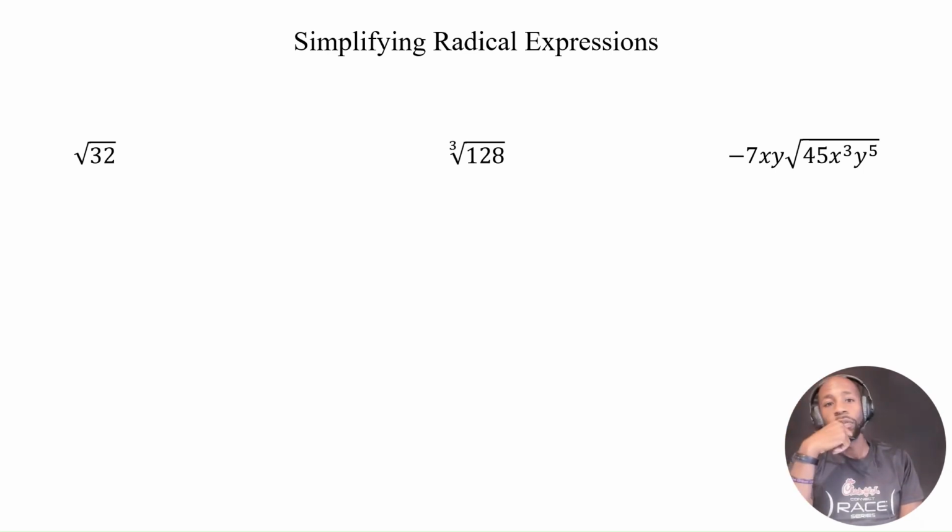be simplified. And the main thing you want to keep in mind is when you're taking the nth root of something, whether it be the square root like this first one here, or the cube root, or whatever it is, under the bracket you're wanting to see if you have a number of copies of a factor matching the root.